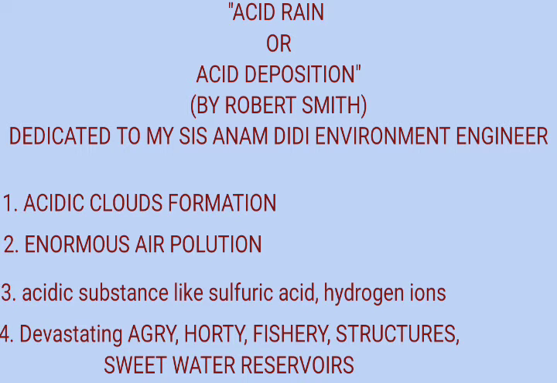In acid rain are acidic substances like sulfuric acid, hydrogen ions, nitrogen compounds, all kinds of detrimental things that we really despise, including chlorofluorocarbons. The whole family of chlorofluorocarbons are detrimental, and those are the culprits of precipitating acid rain.